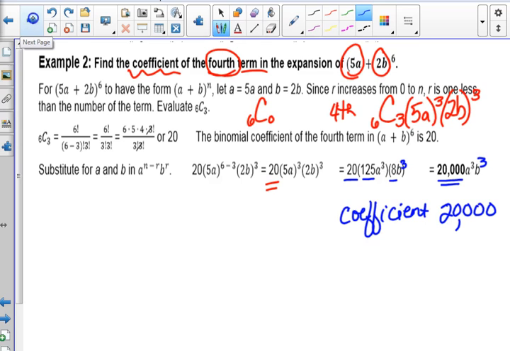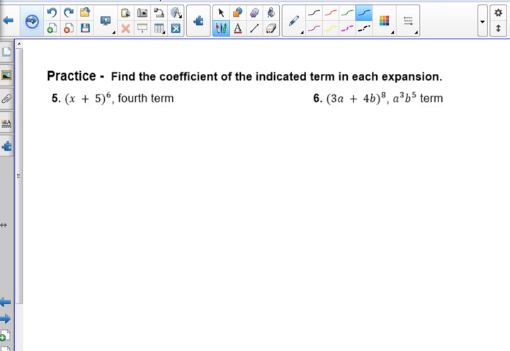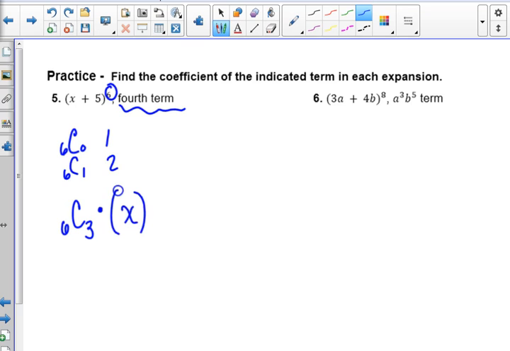Okay, we get to do one that's very similar to this, and then we'll try one that's not as similar. This one has very similar numbers. It says find the 4th term, and it's a power of 6. Okay, so again, it would go 6C0 is term 1, 6C1 is term 2, so term 3, term 4. We want the 4th term would be what? 6C3 would be the fourth term, times the A term, okay?